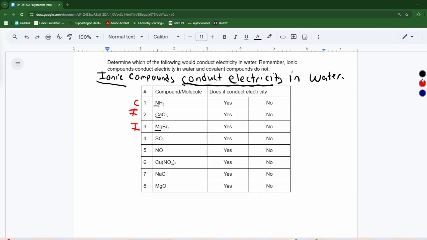So what does this mean to us? If it's covalent, it does not conduct electricity. If it's ionic, it does conduct electricity. Ionic? Yes. Essentially what we're asking ourselves here is, does it have a metal in it or not? Yes or no? And that's how simple that is.